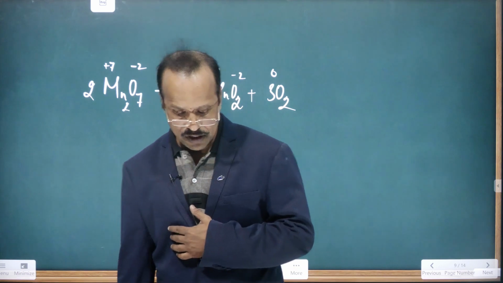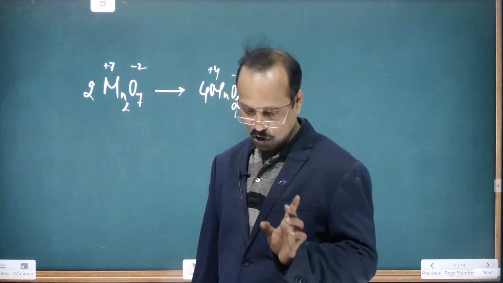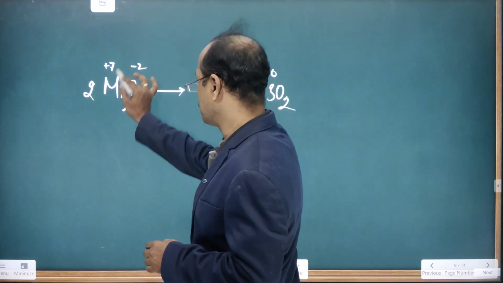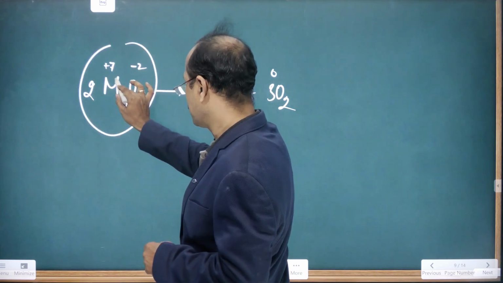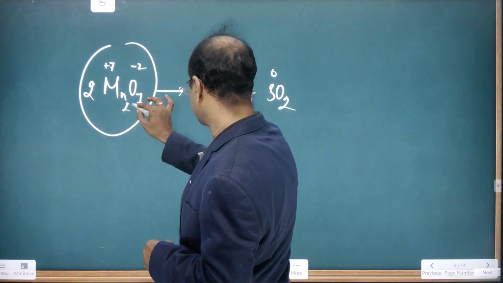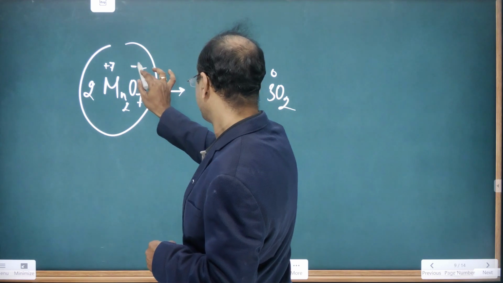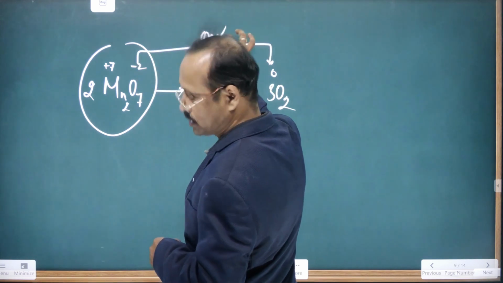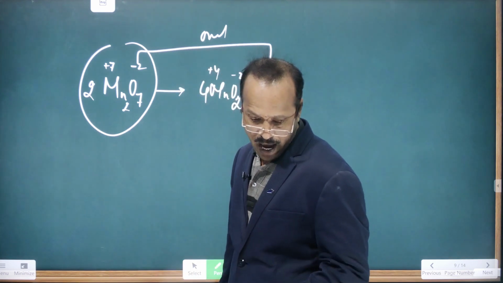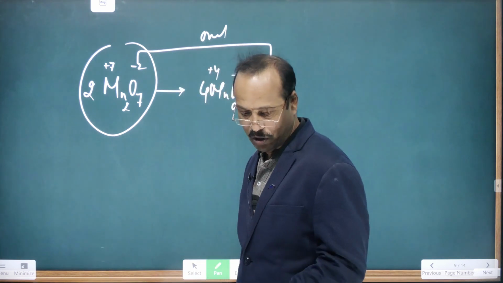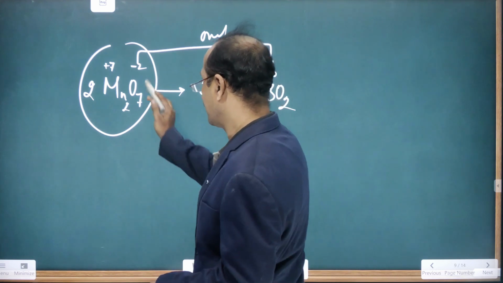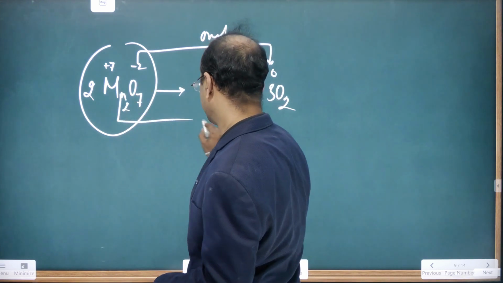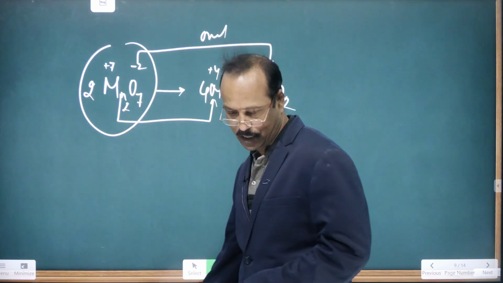Now the redox reaction in which one atom of the molecule is oxidized. This is one molecule, and in this one molecule an atom is oxidized. Which one? Oxygen, -2 to 0, an increase in the oxidation number, so oxidized. And the other atom of the same molecule, manganese, +7 to +4, is reduced.